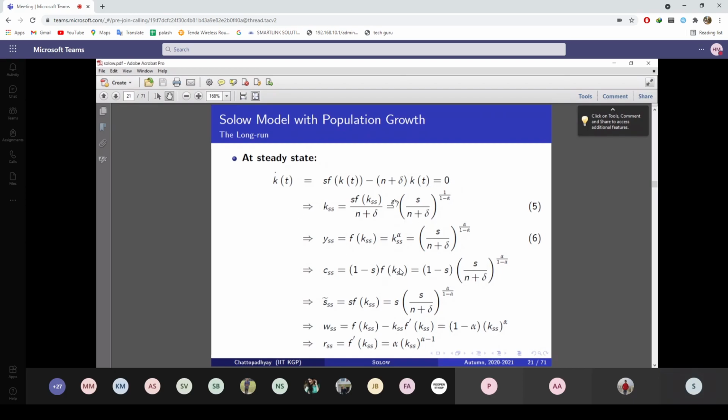In the Solow model, the steady state level of capital stock that maximizes my long run consumption is not this one. They are different. And here government policy comes into the picture.